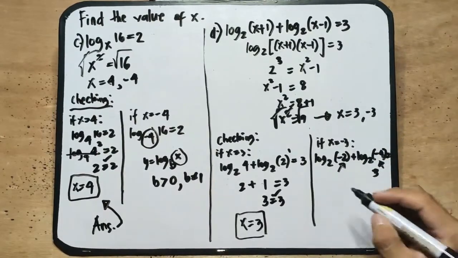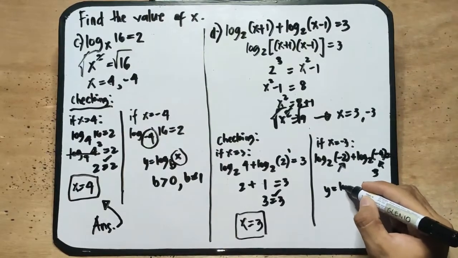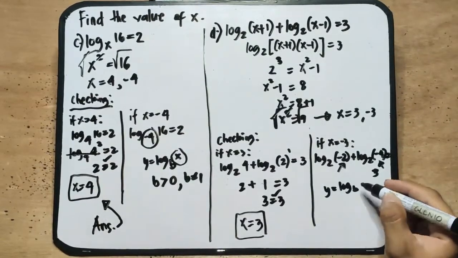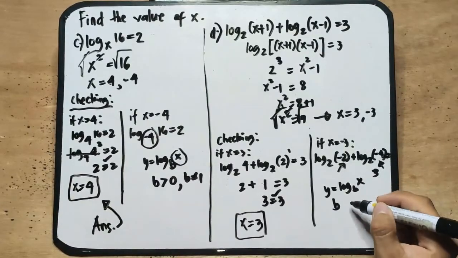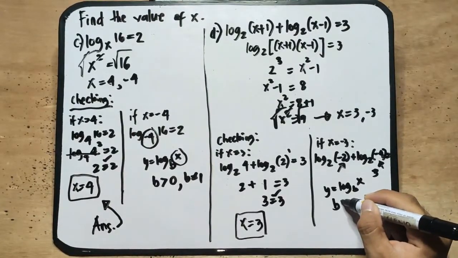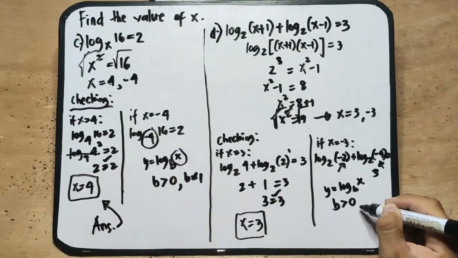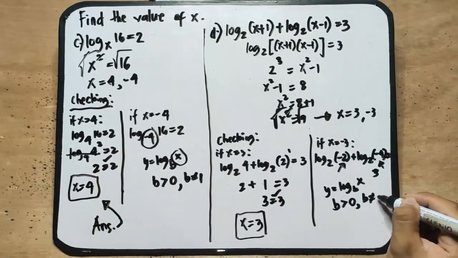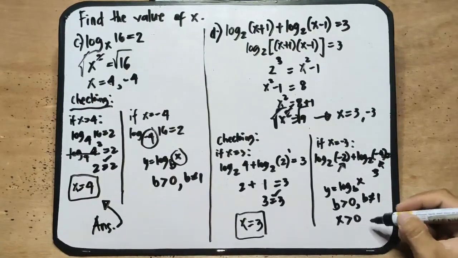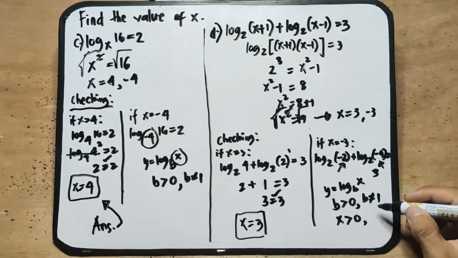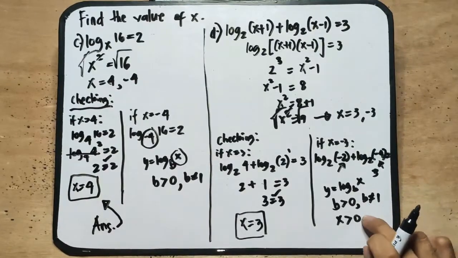So take note, in our form y is equal to log base b of x, ang bawal dyan, bawal mag-negative si b, dapat mas malaki siya parati kay 0. Bawal din siya mag-equal kay 1. Si x din, dapat mas malaki siya parati kay 0.